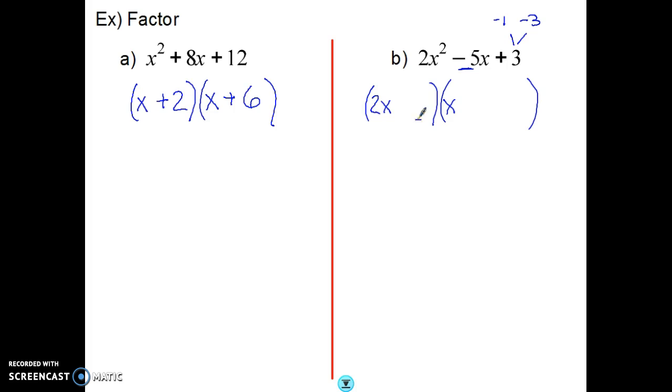If we put -1 here and -3 here, let's try that first, then we're going to get 2x squared, that's fine, minus 1x, minus 6x. So that gives us minus 7x in the middle, which means that didn't work.